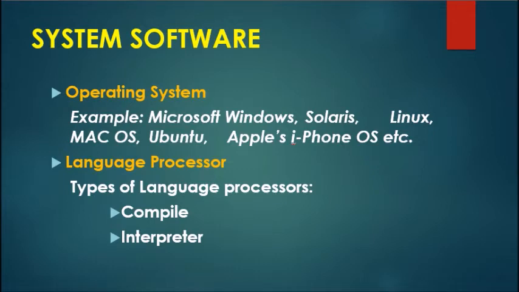Now these source code cannot be executed directly by the computer and they must be converted into machine language to be executed. Hence a special translator system software is used to translate the programming language in high-level language into a machine code, that is called a language processor. The two types of language processor are compiler and interpreter.